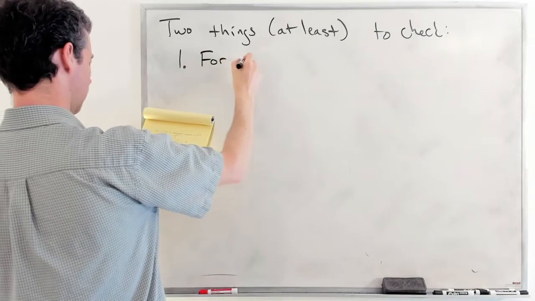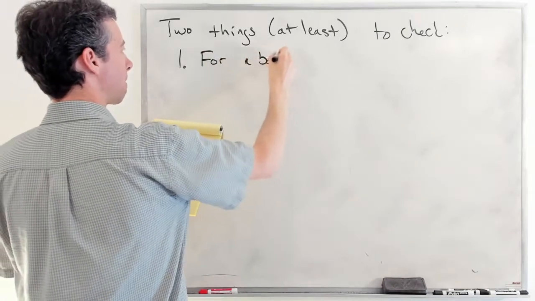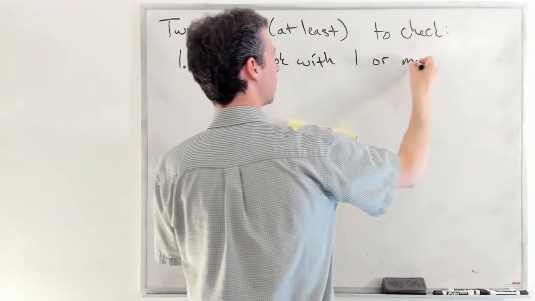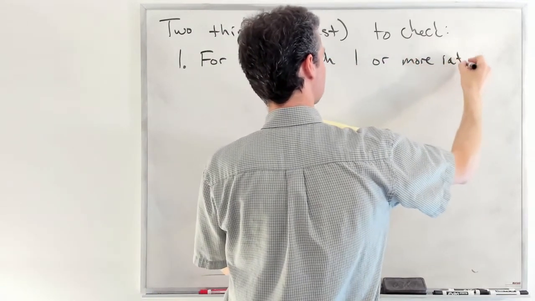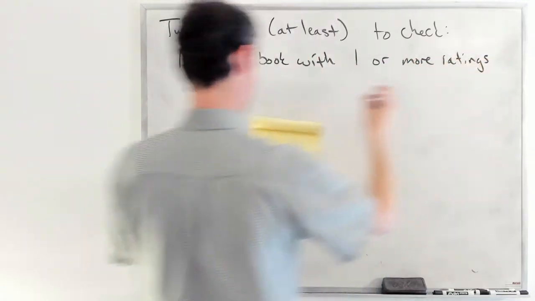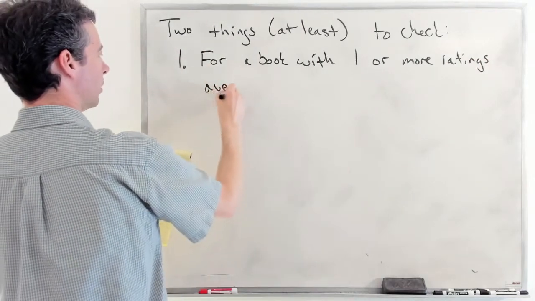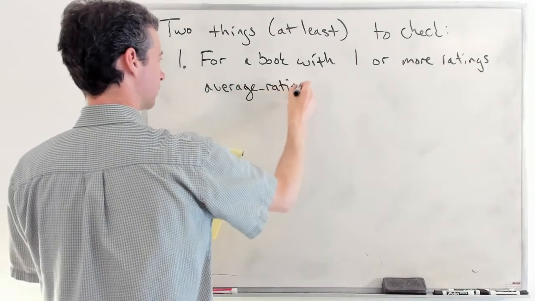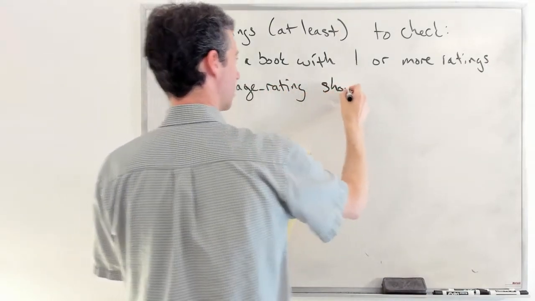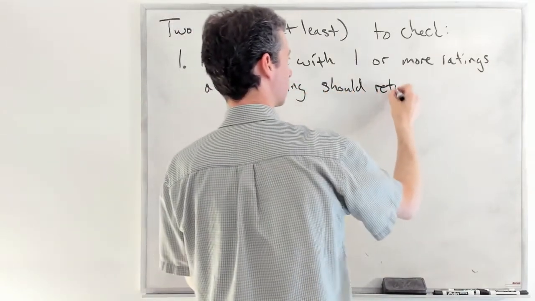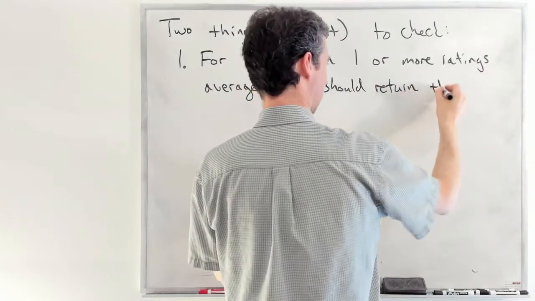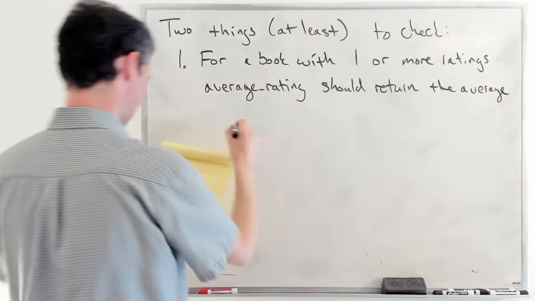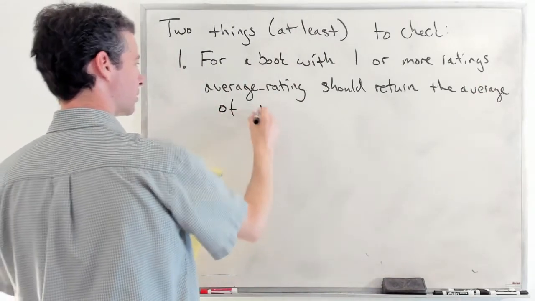All right? So basically, the first thing is for a book with 1 or more ratings, this method average rating should return the average of the book's ratings.